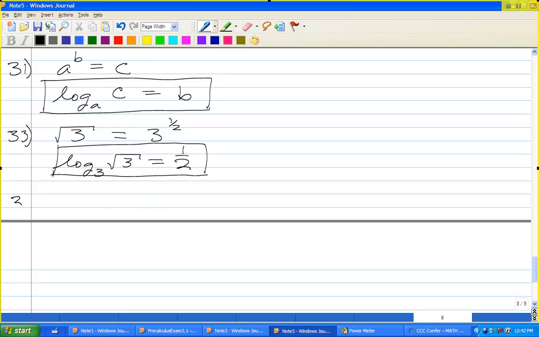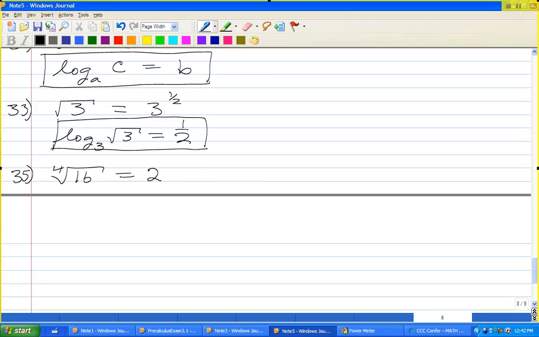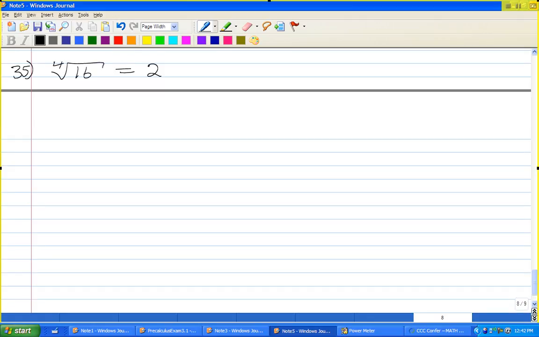Let me do 35. The fourth root of 16 is 2. So I can write this in logarithmic form. The base is 16. The result is the fourth. Actually, let me just write this fourth root as 16 to the 1/4.